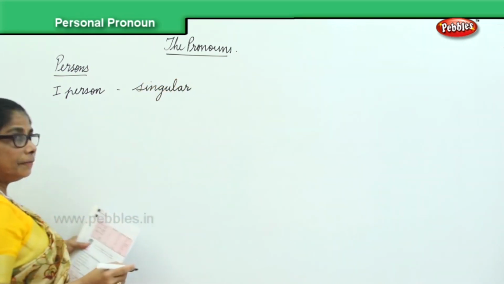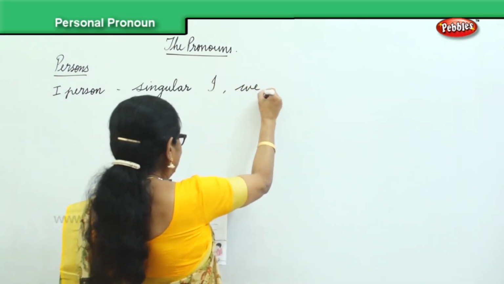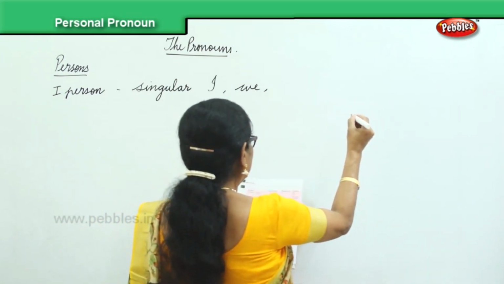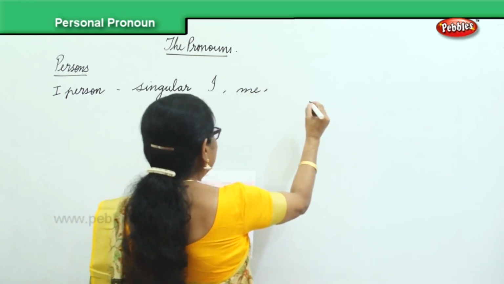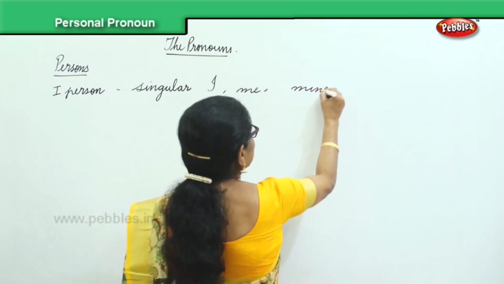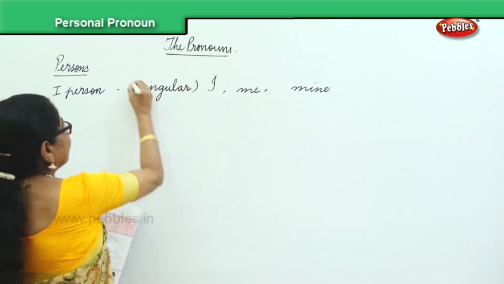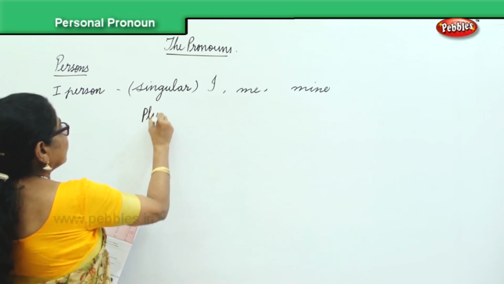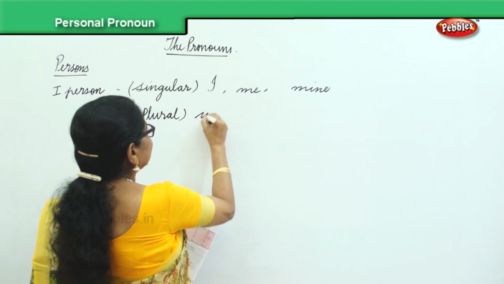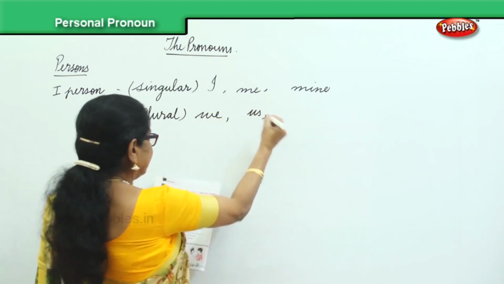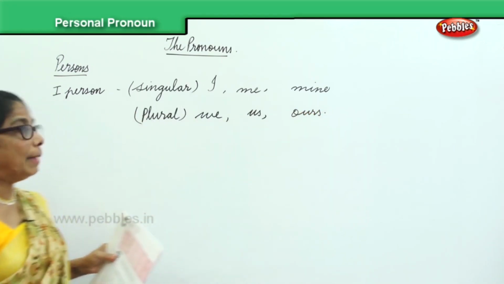When you say first person singular, you will say I, me, mine. Then when you say first person plural, we'll say we, us, and ours. Just for you to remember all this.